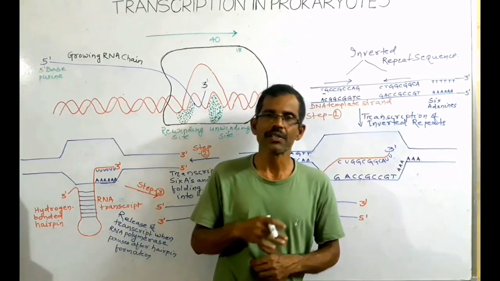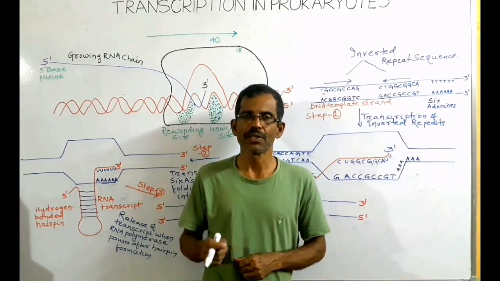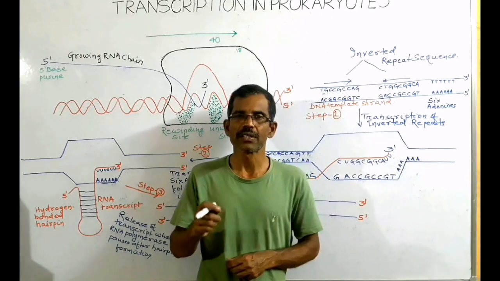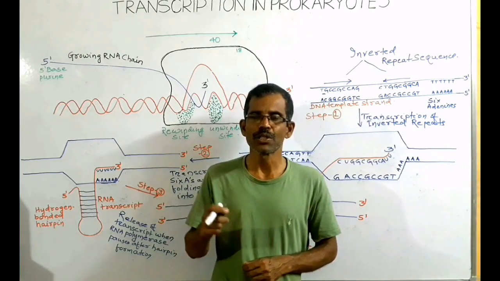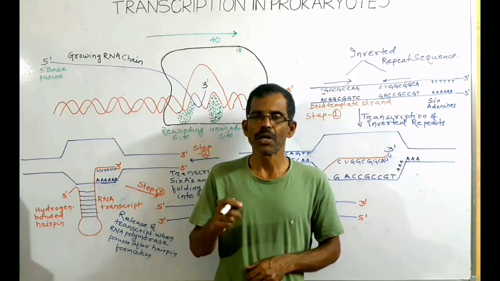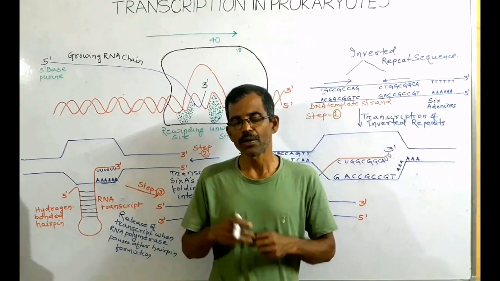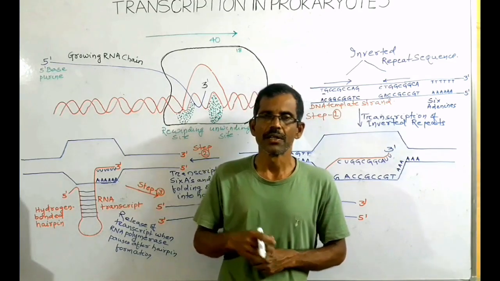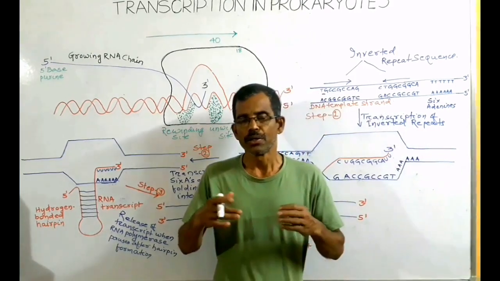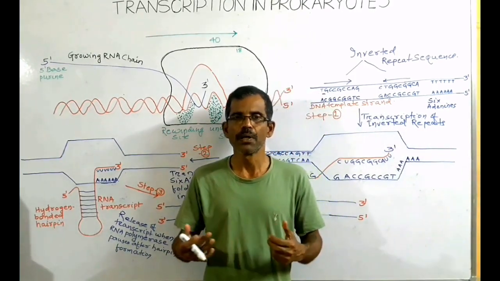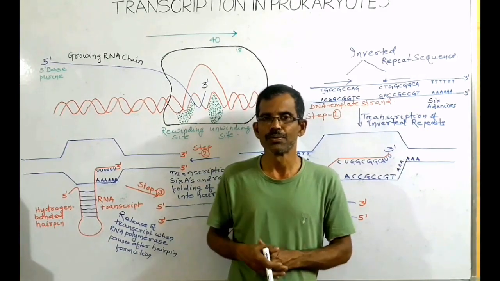Next, there is another sequence that specifies a binding site for the protein known as Rho factor. Rho factor is a protein that binds to a specific site known as the rut site. After binding of the Rho factor to the rut site, termination of transcription occurs because, due to the formation of the hairpin loop, the enzyme RNA polymerase fails to move.